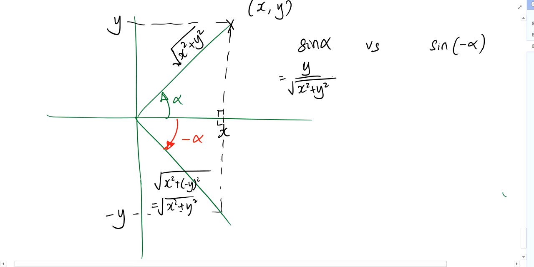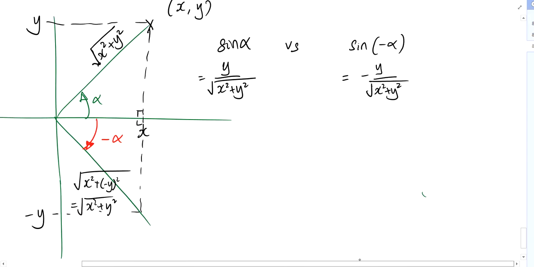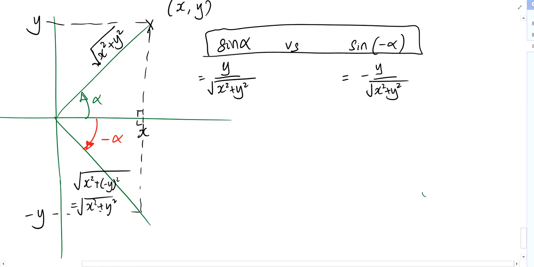What about sine negative alpha? Based on this, what is the relationship between sine alpha and sine negative alpha? So from here, sine alpha equals sine negative alpha, right or wrong? Wrong. What must I do to make it correct? Okay, done.